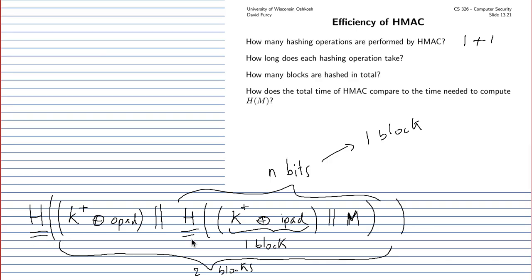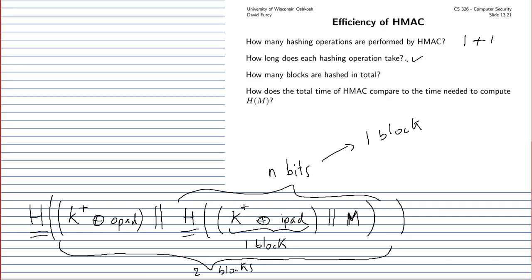However, it's not enough because the hashing takes a different amount of time depending on how long the message is that you're hashing. So the next question is, how long does each hashing operation take? For that, we have to remember that these hash functions are block-based functions, so the time it takes to hash the message is proportional to the number of blocks in the message.